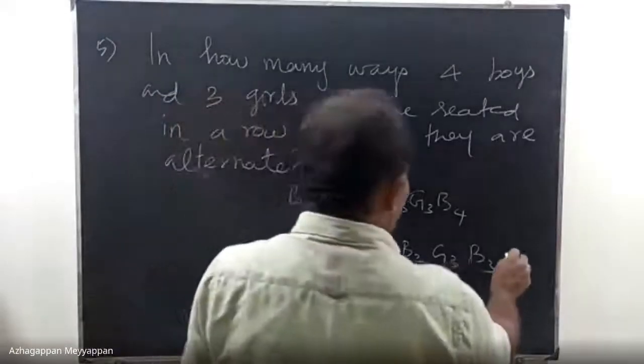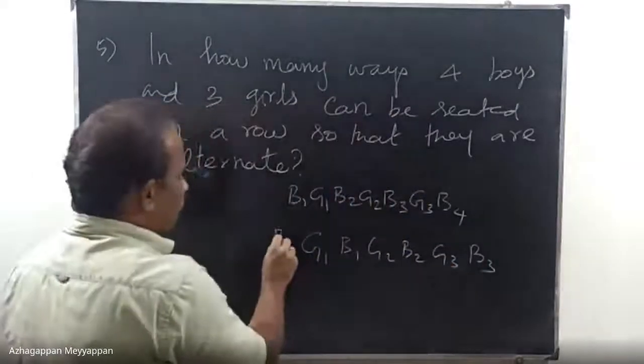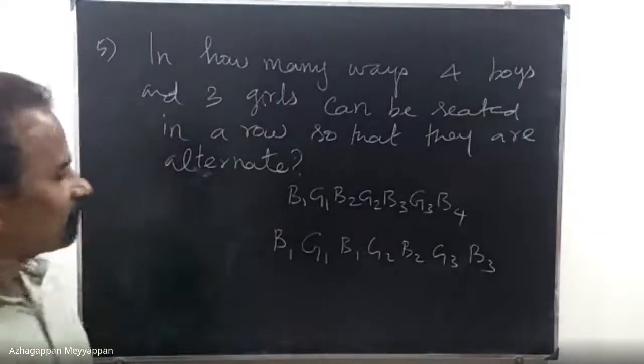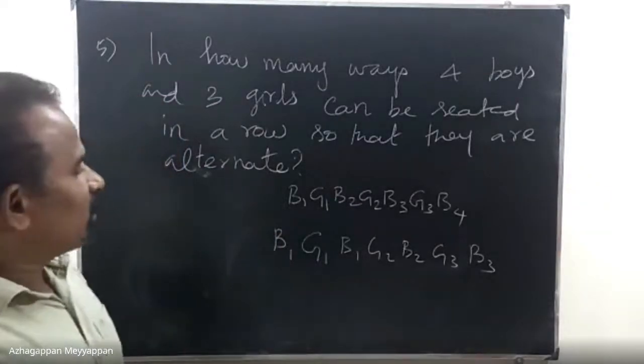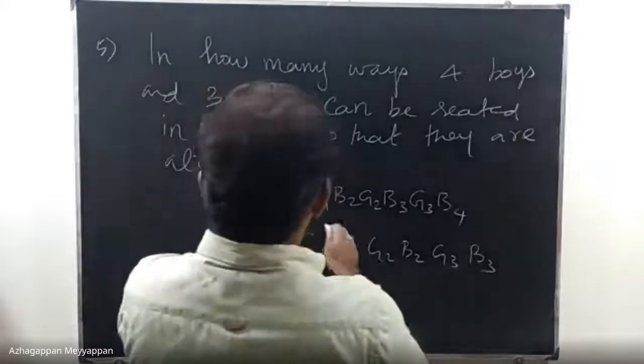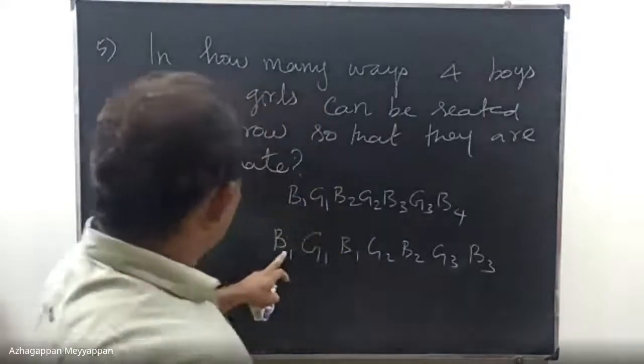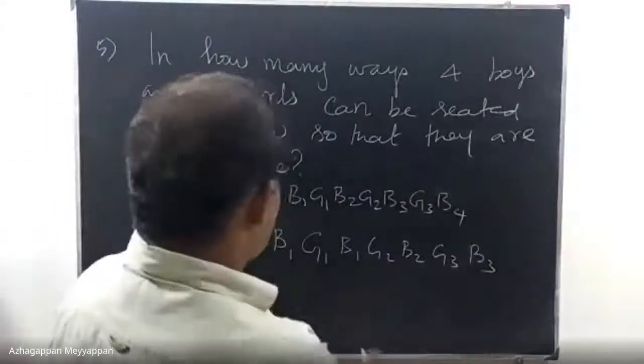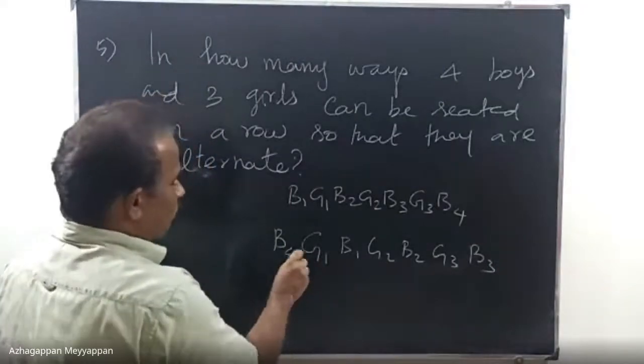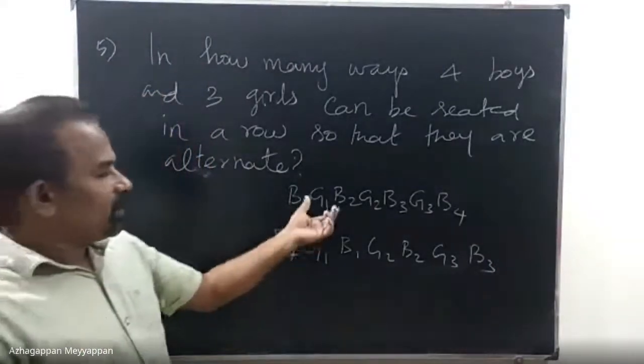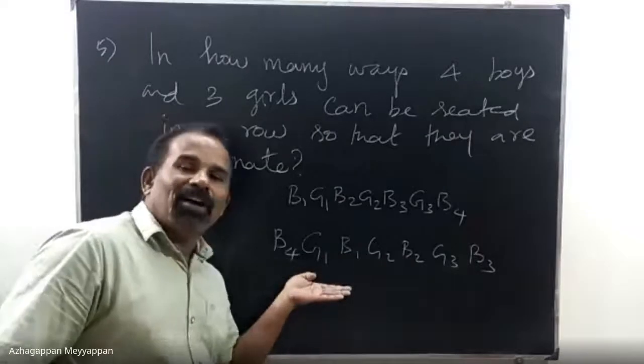So the boy definitely will come here. So this is B1, B2, B3, B4. Anyway, this will be the arrangement.